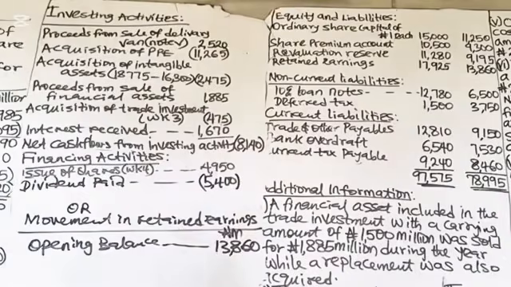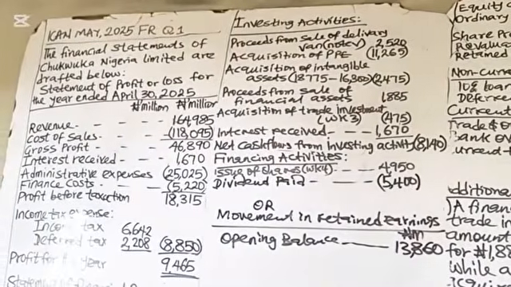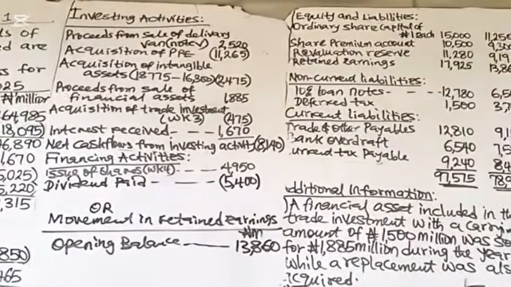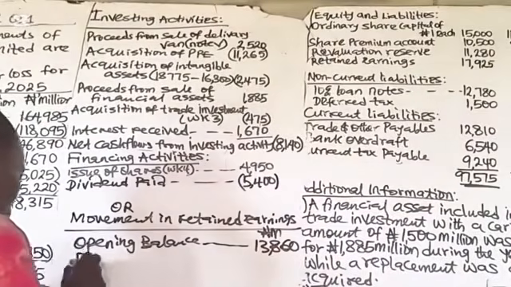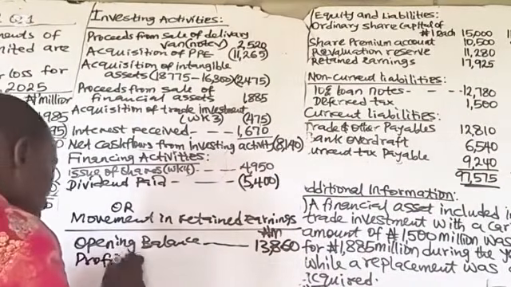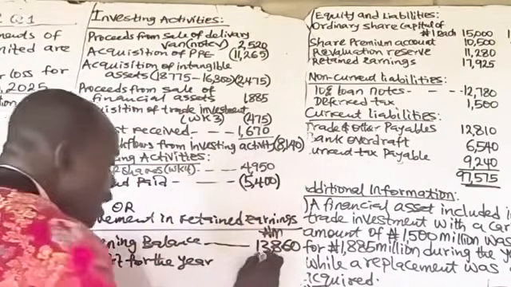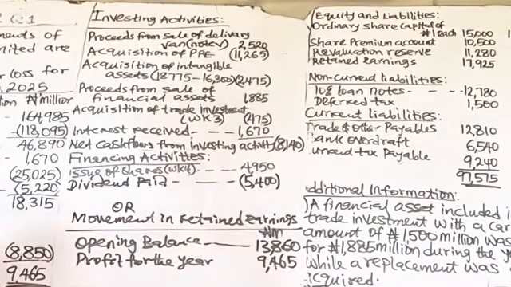Then you go back to the statement of profit or loss. How much is the profit for the year? You have a profit for the year of 9,465. And that 9,465 profit will be included. This is obtained from the statement of profit or loss.